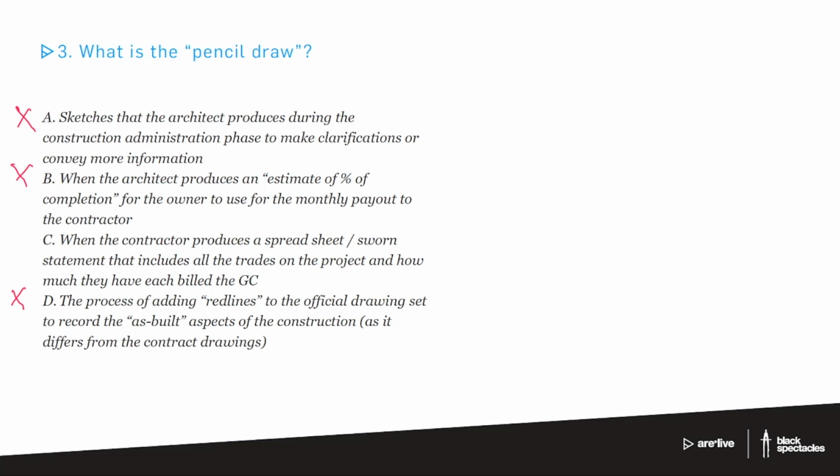So C, which is when the contractor produces a spreadsheet, sworn statement. This is a big list of all the different trades on the project. So it'll say plumber, carpenters, electricians, et cetera.